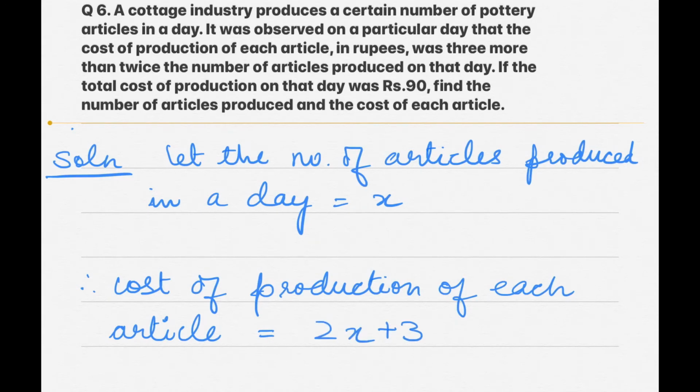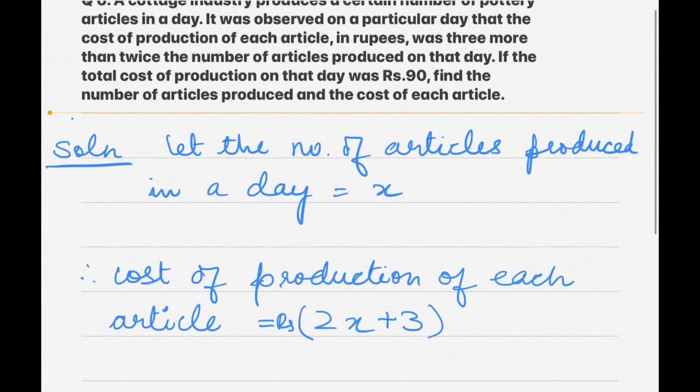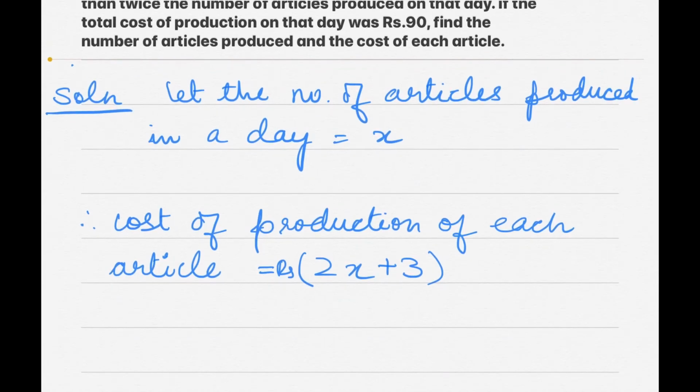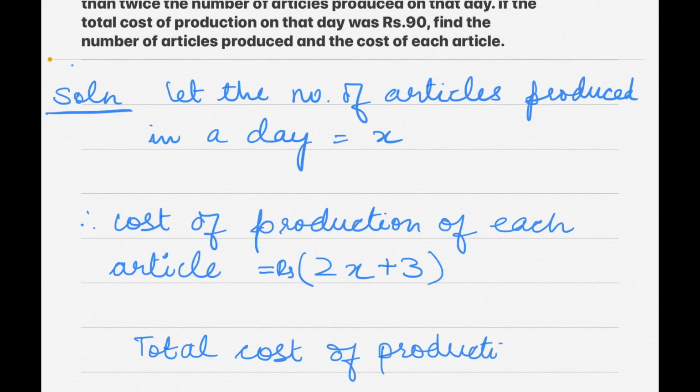So the cost of production of each article is this in rupees. So each day this was the cost of production of each article. Now if the total cost of production on that day was rupees 90, find the number of articles produced and the cost.